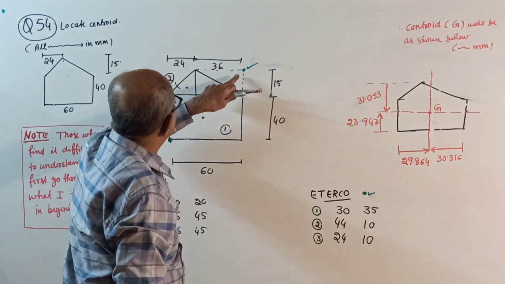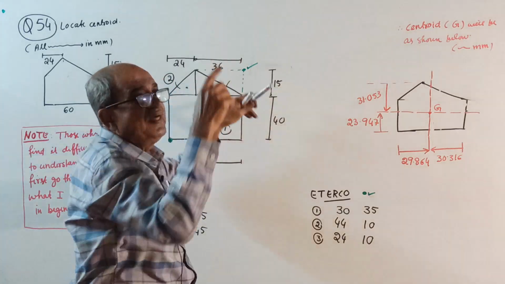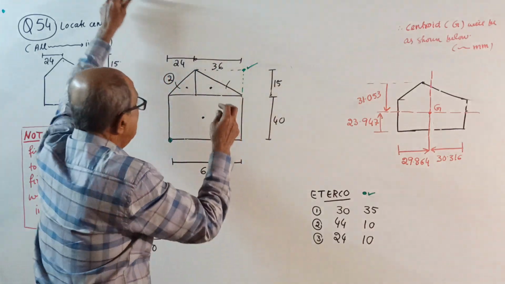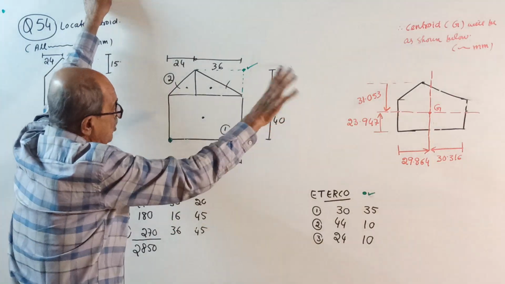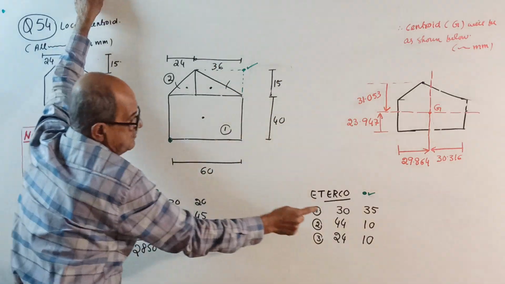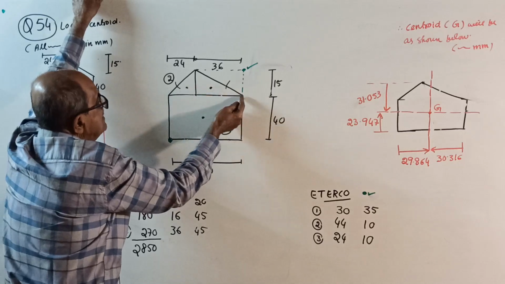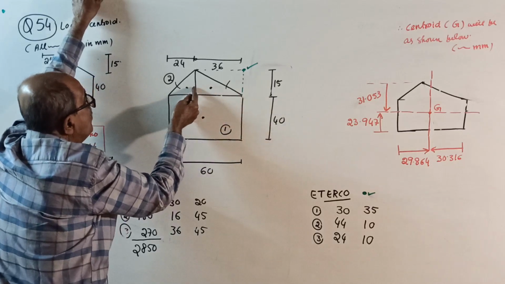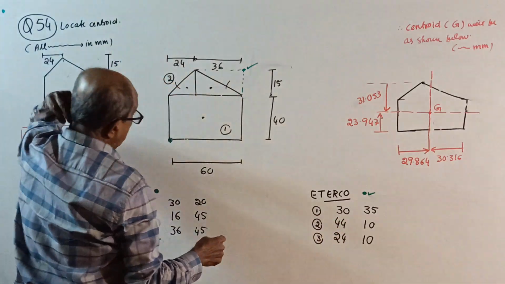When you go to top, if you go here, something is still there. If you go here, above this, nothing is there. Okay, start. By mistake I marked here, I am changing now. But there I have taken care, don't worry. X, half of 60, 30. 2, 36 plus 1/3 of 24, 44.